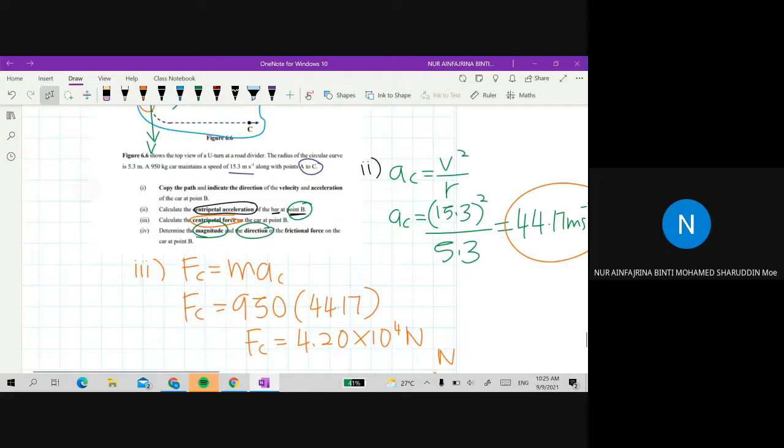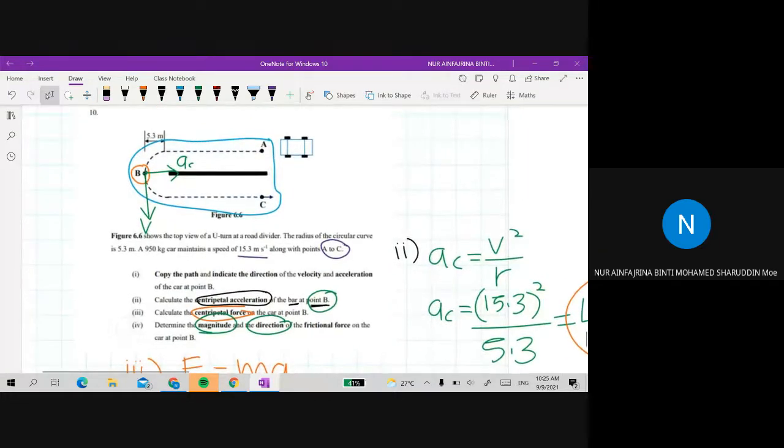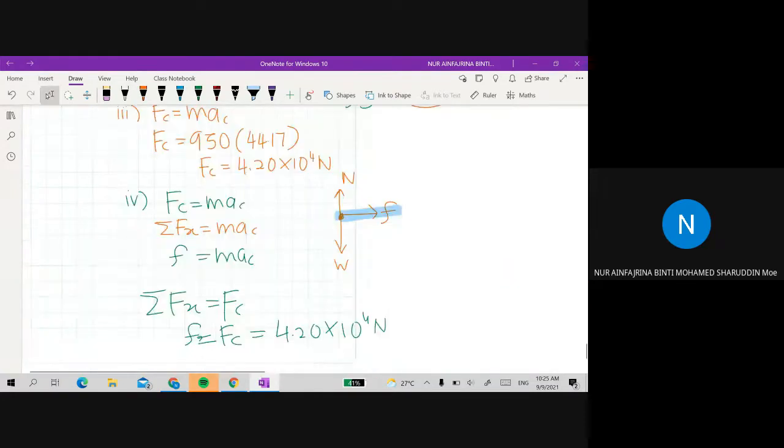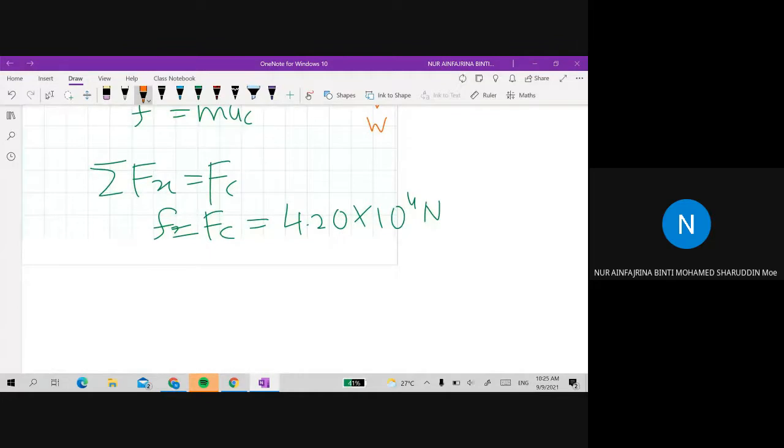What about the direction? Centripetal force always pointed towards where? To center. So awak tulis sahaja direction dia adalah towards the center of circular path.